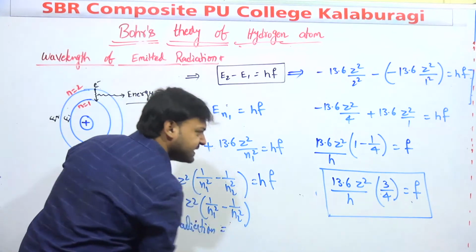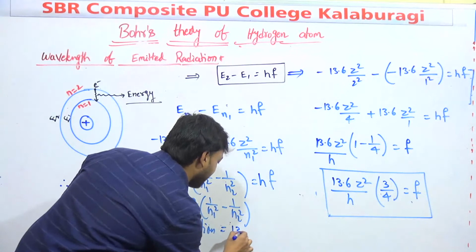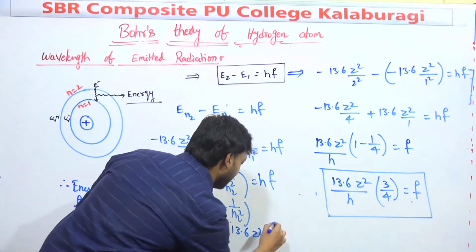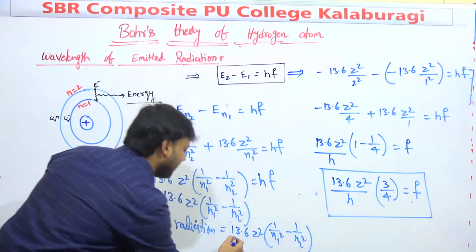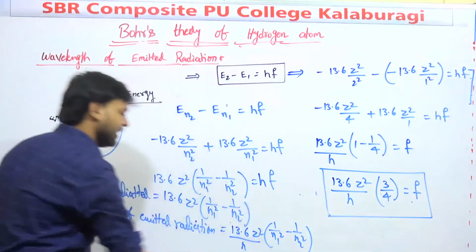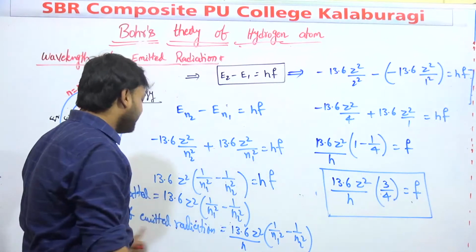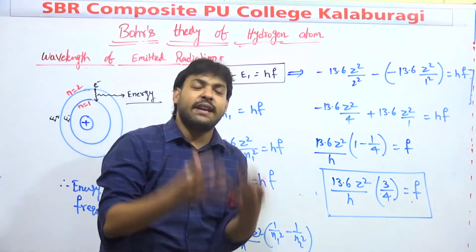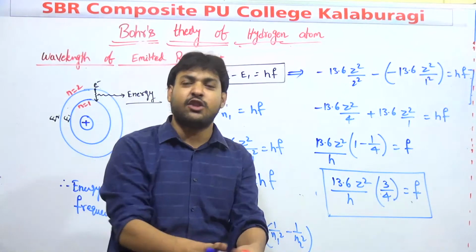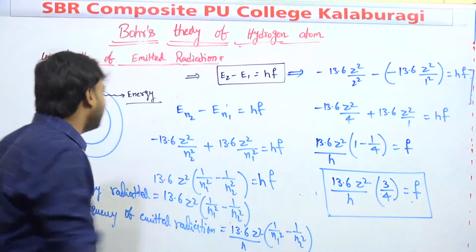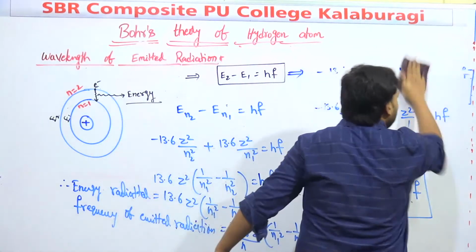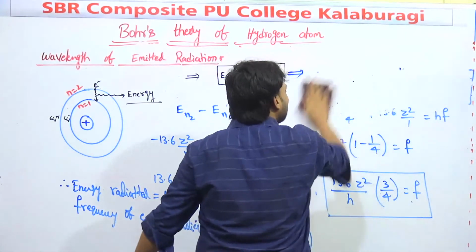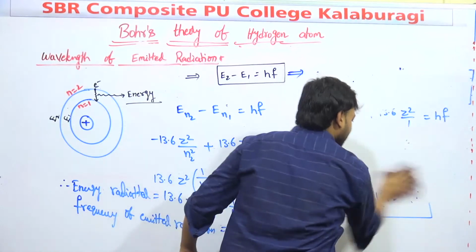So it equals 13.6 Z square into 1 by n1 square minus 1 by n2 square, divided by h. This is the frequency of the emitted radiation. For example, if they ask to calculate the wavelength of the emitted radiation, everything is related. These are the equations that we have to remember.